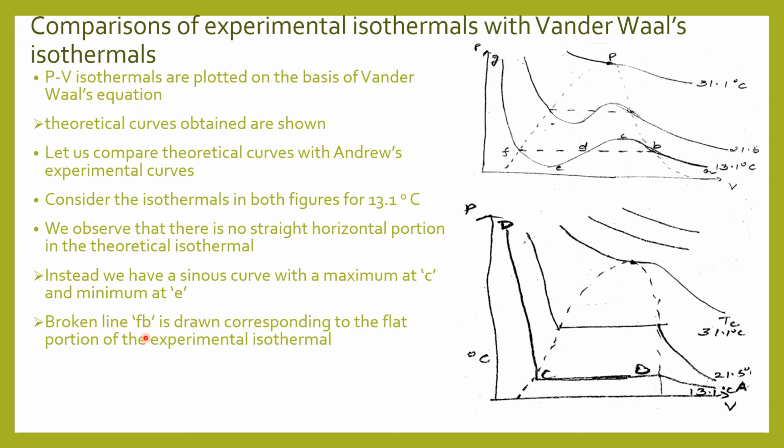Broken line FB is drawn corresponding to the flat portion, that is this BC. FB represents this horizontal line BC.